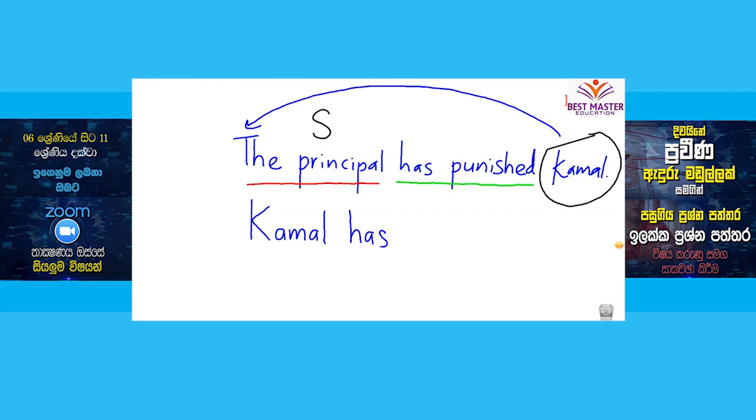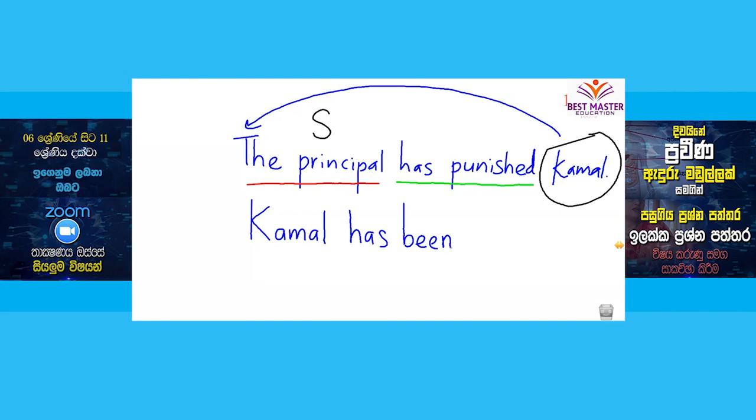But in a passive voice sentence, we can't use only has. This is the new word we are going to add here: been. Has been. Kamal has been. The object has come here.